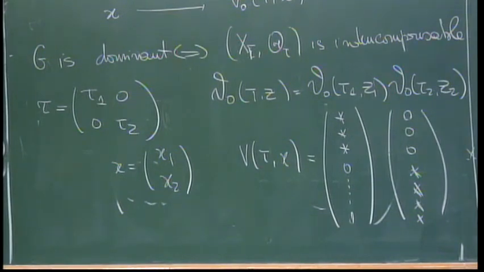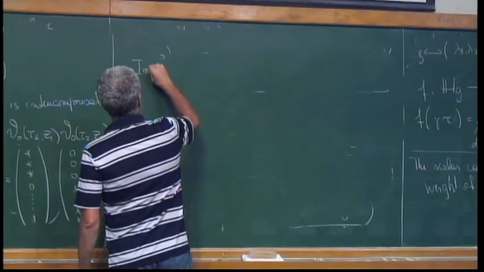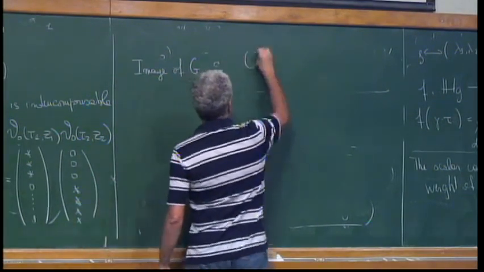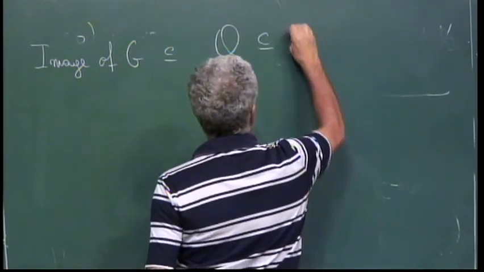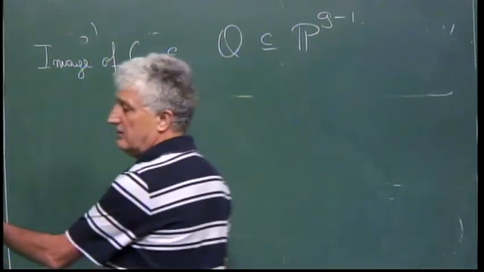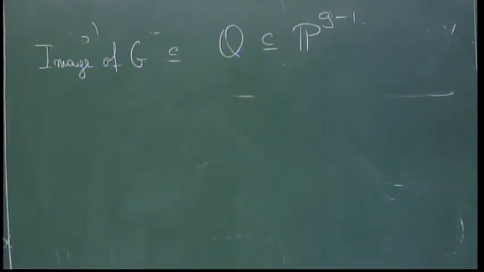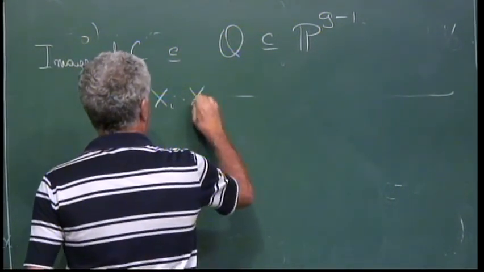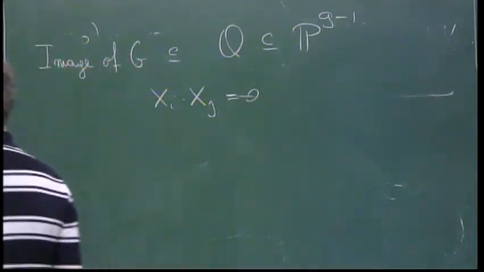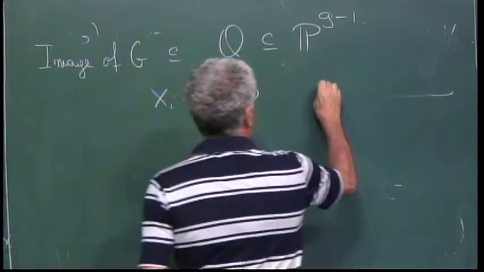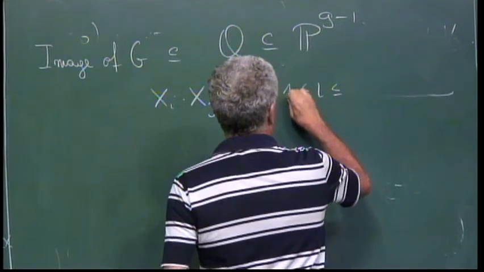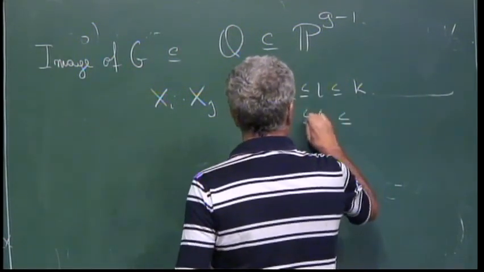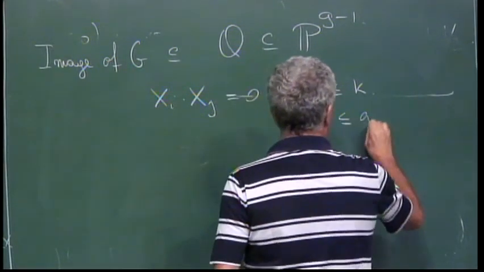in this case, of G is contained in a quadric in P^(g-1). Really, not only in one quadric, but in many quadrics: all quadrics of type x_i times x_j equal to 0, where i runs between the first, let's say, k coordinates, and j runs between k+1 and g.